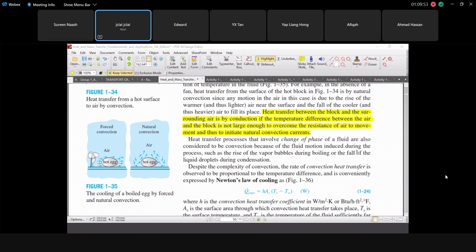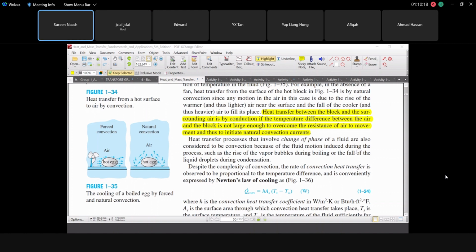Can you say it one more time? If the air is not moving, no convection will occur, doctor. Is that right? If air is not moving, no convection. You are talking about convection happening between what and what?